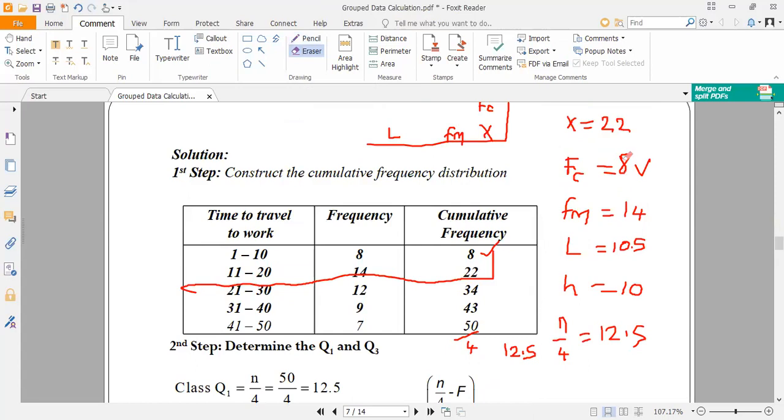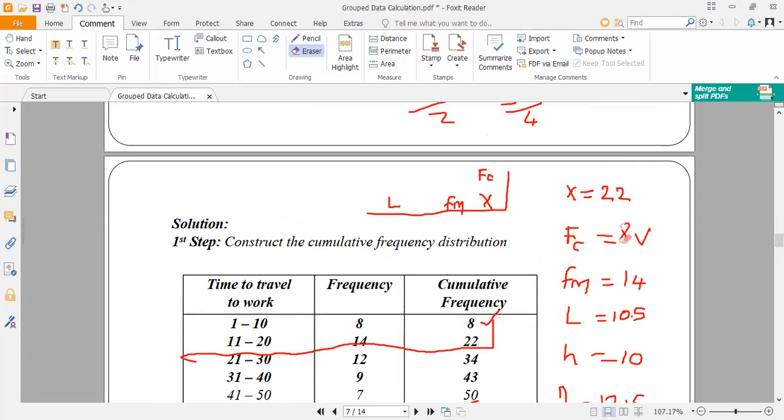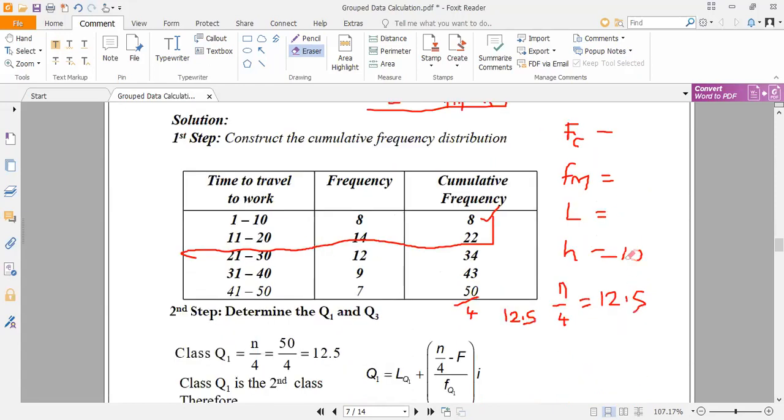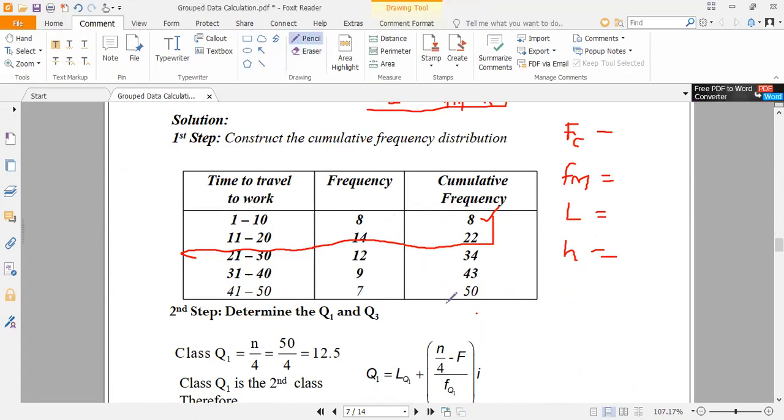What is 0.75 times 50, or 3 over 4 times 50?